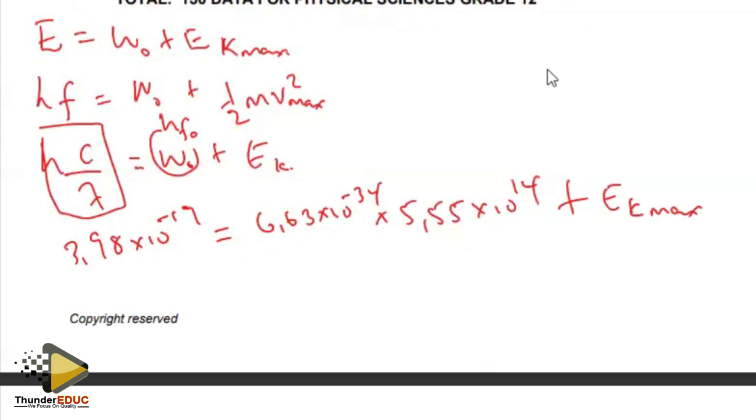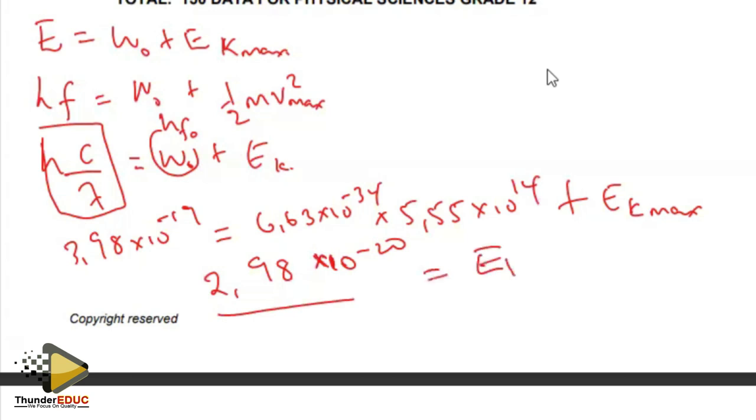Then I need to just do the subtraction. Okay, so my subtraction is 6,63 times 10 to the negative 34 times 5,55 times 10 to the 14. Okay, so I'm getting 2,98 times 10 to the negative 20.